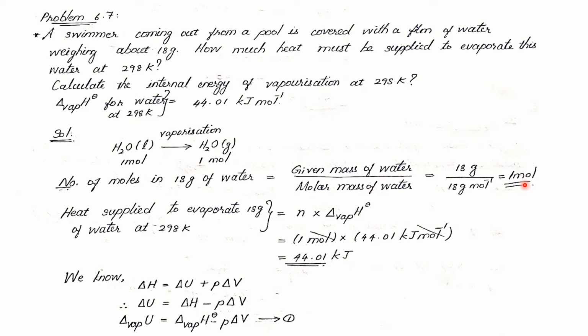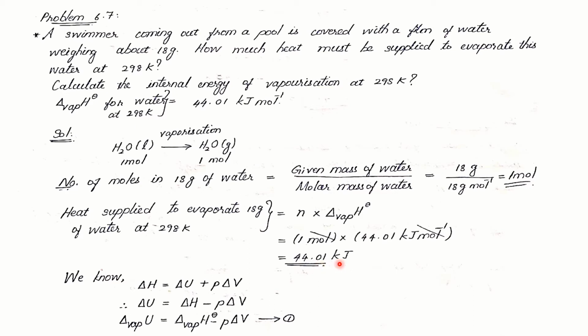In the next step, we can simply multiply the number of moles, that is n, with the standard enthalpy of vaporization of water. So how many moles of water is there in 18 grams? It is 1 mole. 1 mole into 44.01 kilojoules per mole gives you 44.01 kilojoules as the answer.